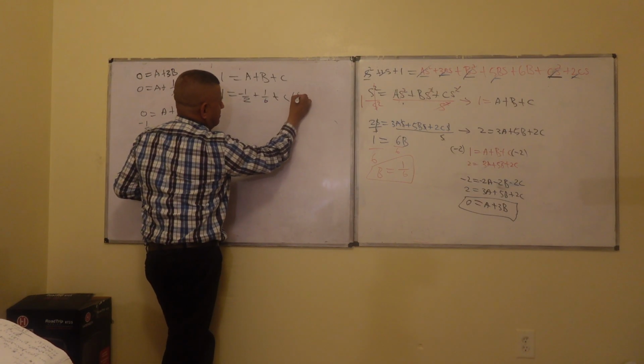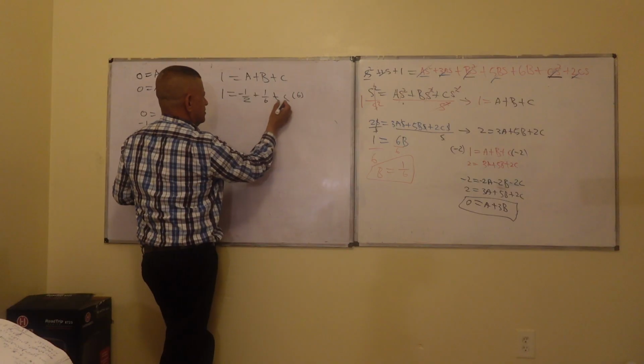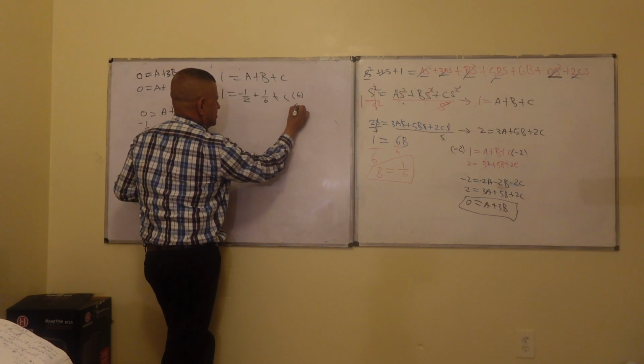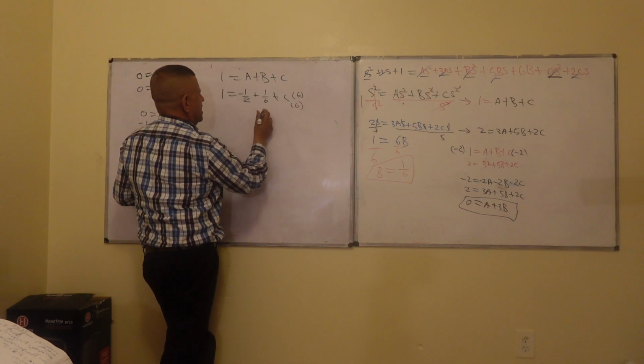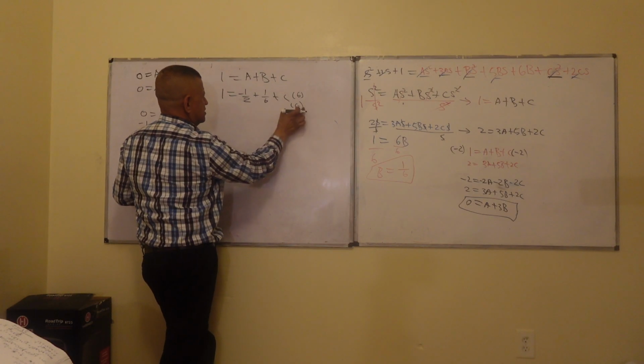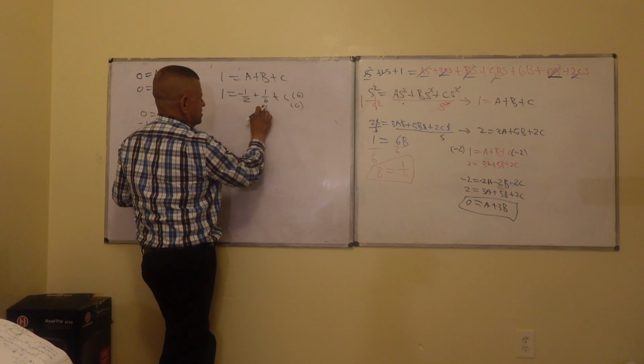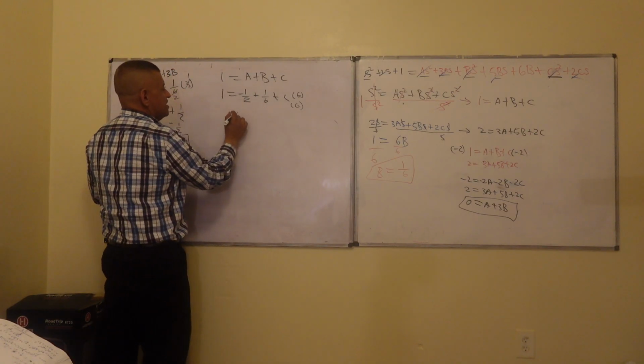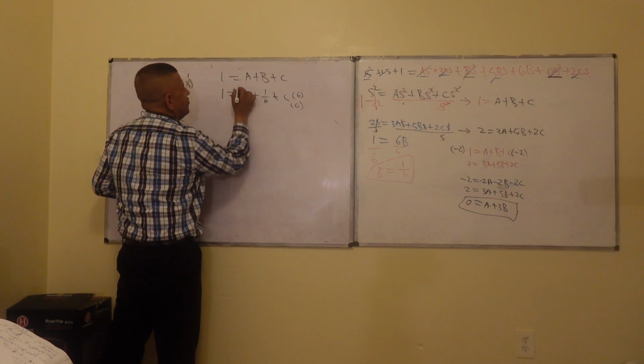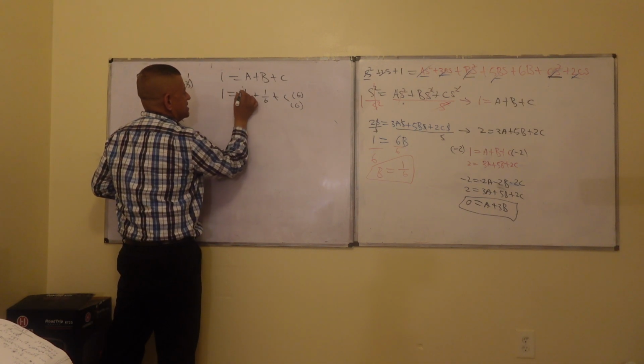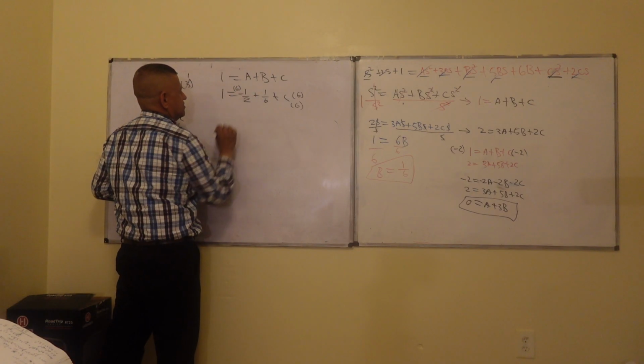I multiply by 6, and then over here I don't need the 6 because I already have it. But over here, I need 3. I need 6 right here.